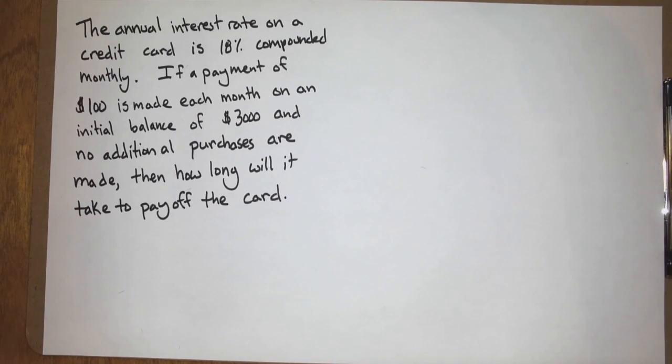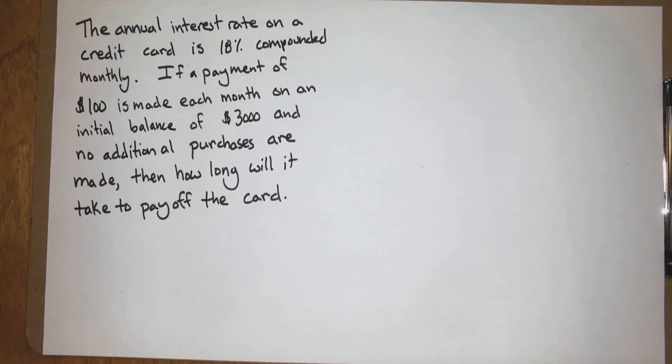If there were no interest at all, how long would it take? So if you had $3,000 to pay off and you paid off $100 each time and they said, forget the interest. I like you. You're a nice person. How long would it take? It would take you 30 payments, right? 3,000 divided by 100. But they're charging us interest because apparently they don't think we're that nice. So our answer better be above 30.